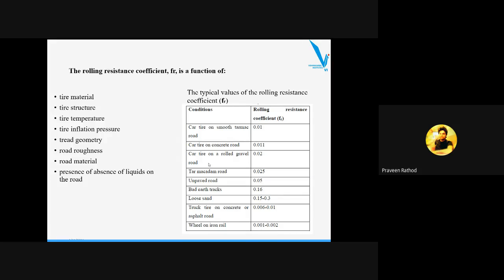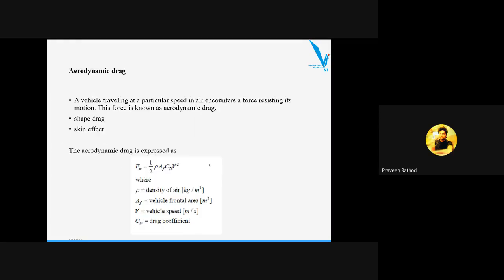If you study any kind of vehicle, you should be aware of this particular term called rolling resistance. The second term is aerodynamic drag, which is also one of the most important things. Usually the derivation should be done, but I have given you the direct equation here, without the derivation.